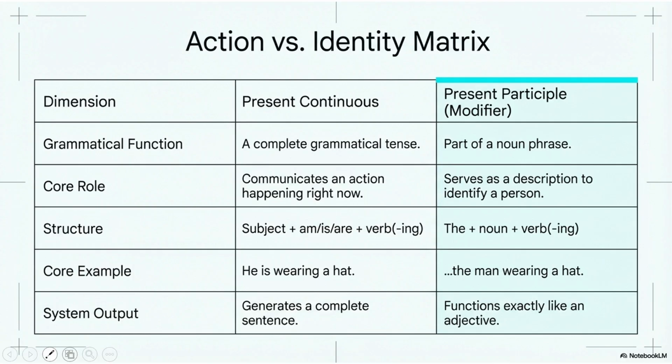For example, let's look at the sentence. He's wearing a hat. This is present continuous, right? How do I know that this is present continuous? Because I am seeing the structure: the subject, followed by the verb to be, followed by a verb in ing. This is the present continuous.